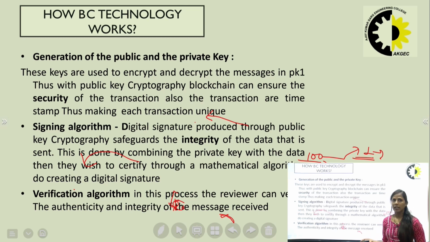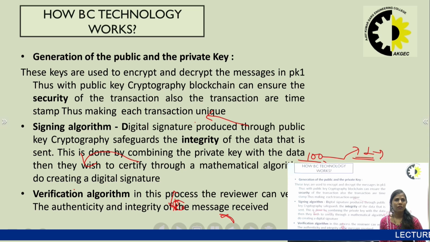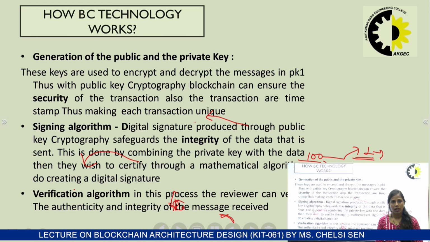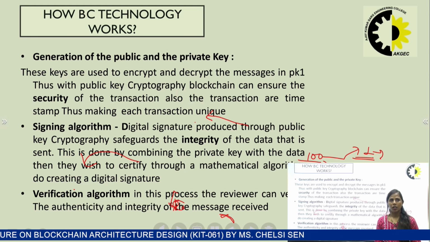Cryptography in the blockchain ensures the security of the transaction. Whatever transaction is done, it stores the timestamp and the unique transaction ID, and maintains security using the public and private key generated by the algorithm.